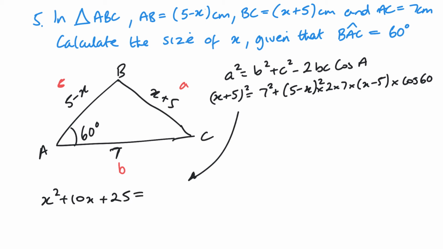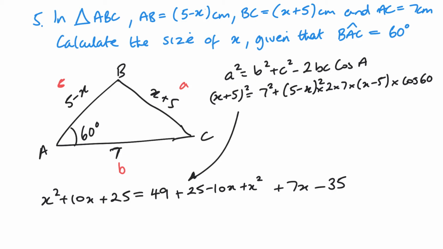And then on the right side, we have 7 squared is 49 plus 25 minus 10x plus x squared. 2 times 7 here is 14. Cos 60 is a half, so the 2's would cancel, or half of 14 is 7. So we've got 7 times x is 7x, and 7 times negative 5 is negative 35.